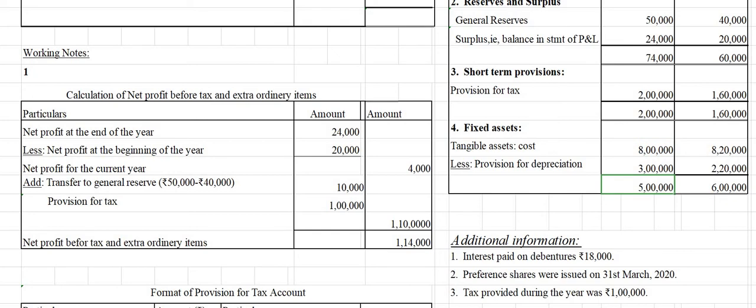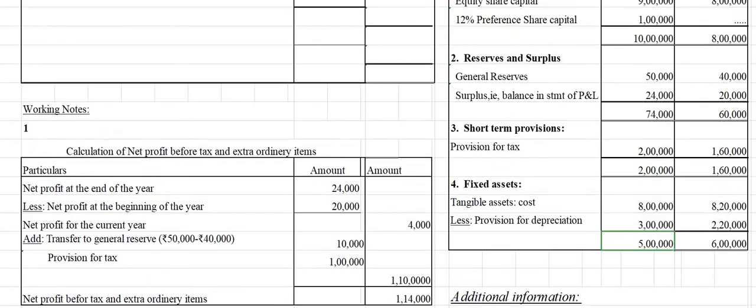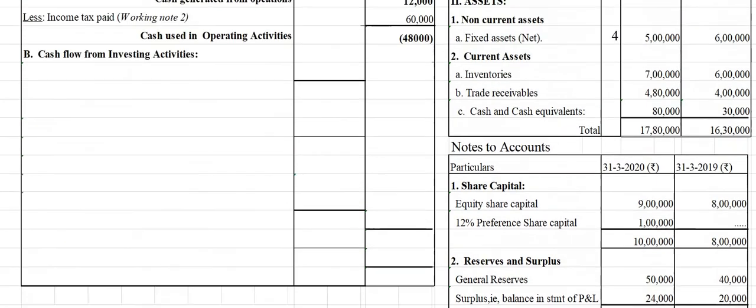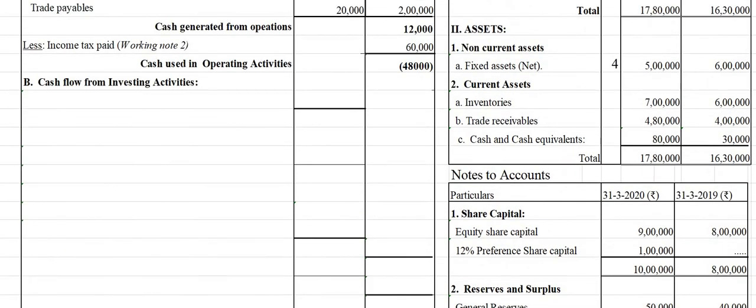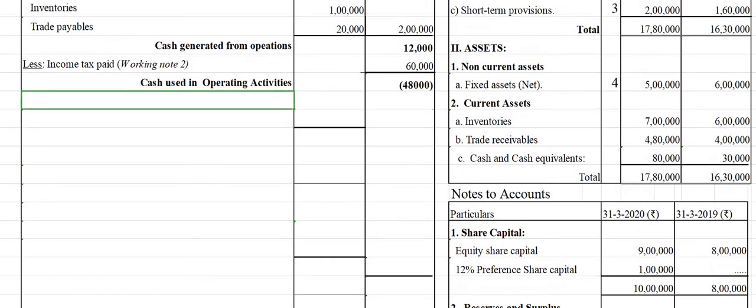So from 6 lakh, if you deduct 80,000, we should get 5,20,000, but 20,000 is less. How does it decrease? Let us see whether it is actually purchase or sales.